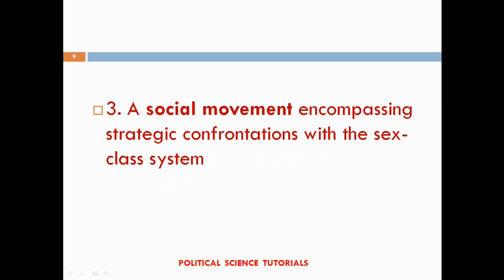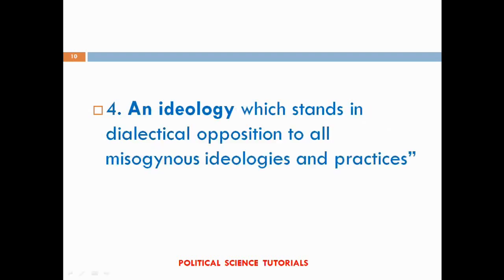Third, it is a social movement encompassing strategic confrontations with the sex class system. Fourth, it is an ideology which stands in dialectical opposition to all misogynist ideologies and practices.